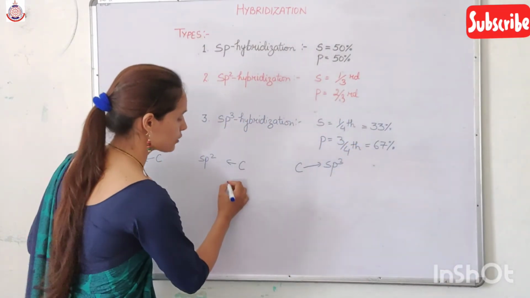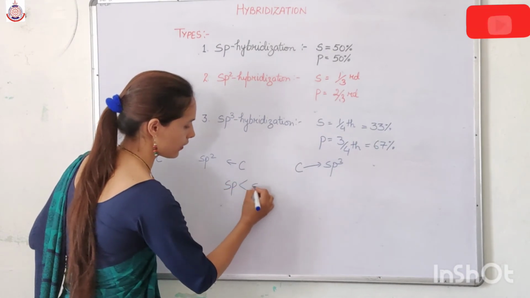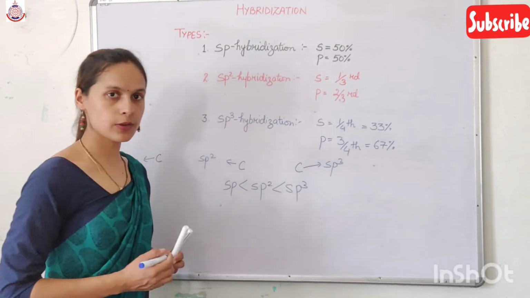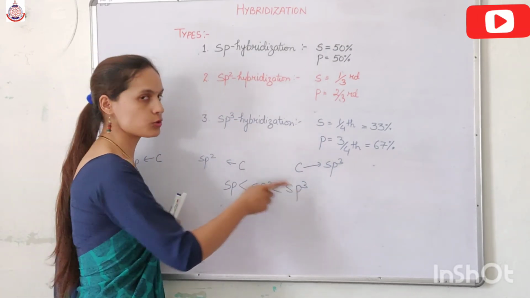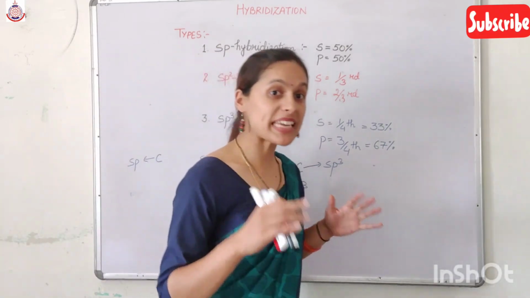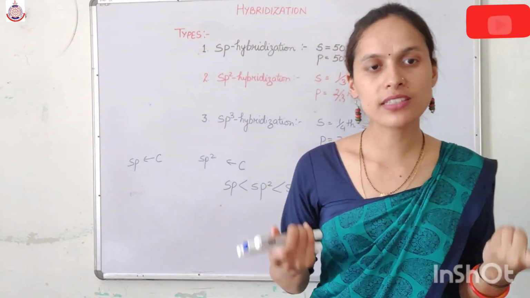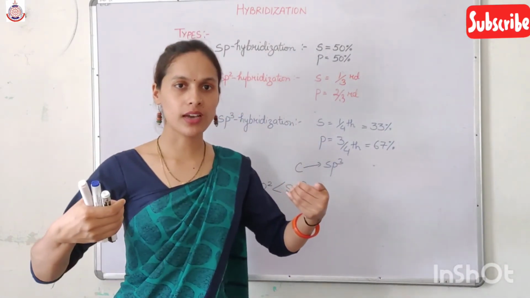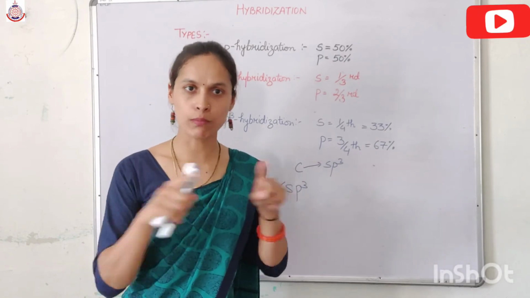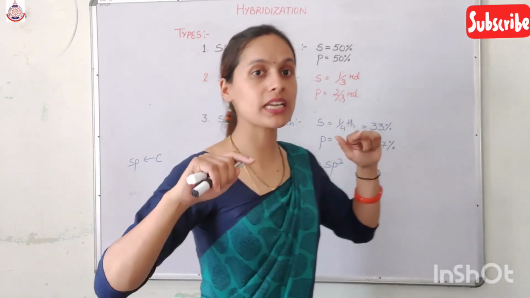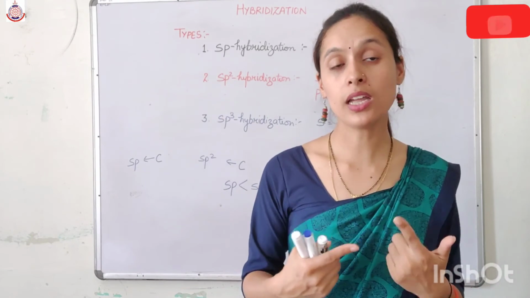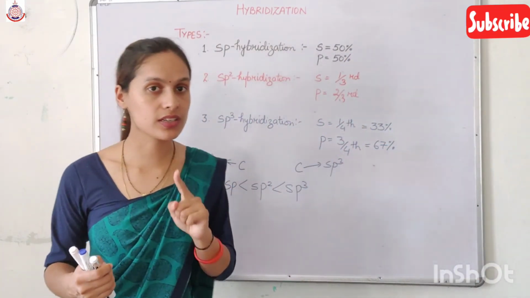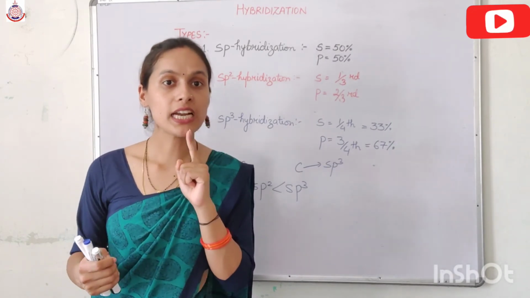It means the size of sp is smaller than that of sp2, and the size of sp2 is smaller than that of sp3. Why? Because as we move from sp to sp3, p character increases, and due to this, size also increases. Due to the increase in size, bond length increases, and due to the increase in bond length, bond energy decreases.